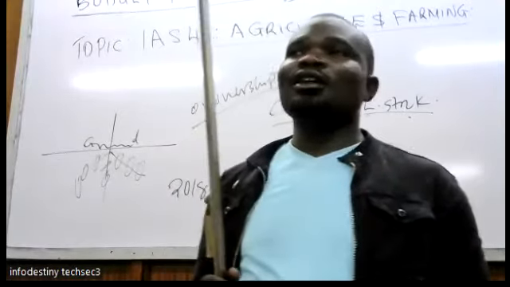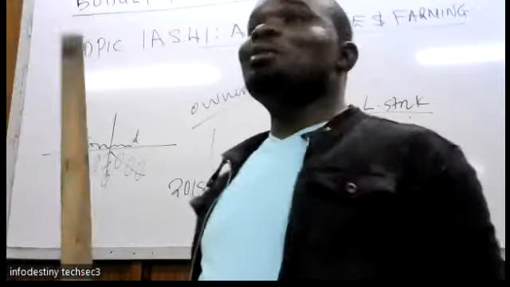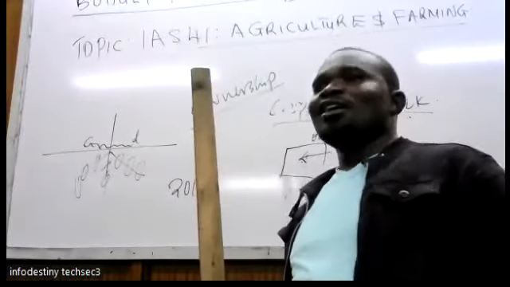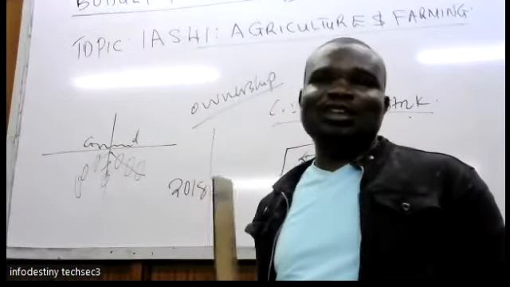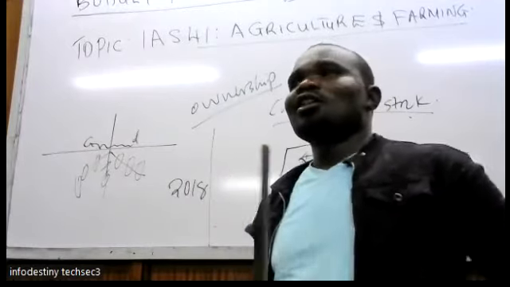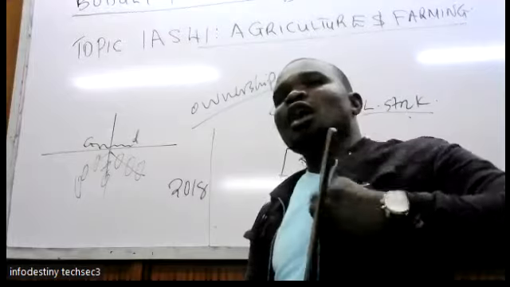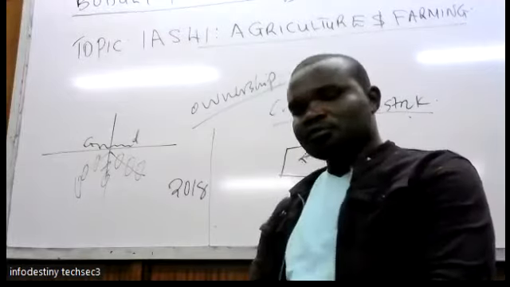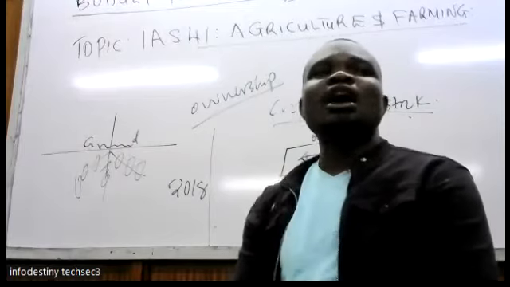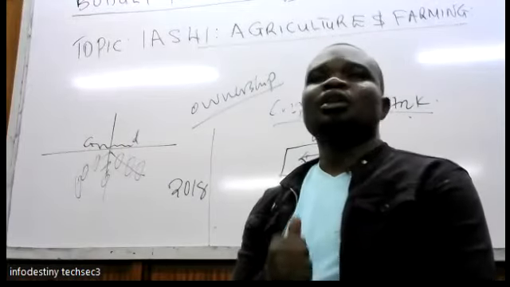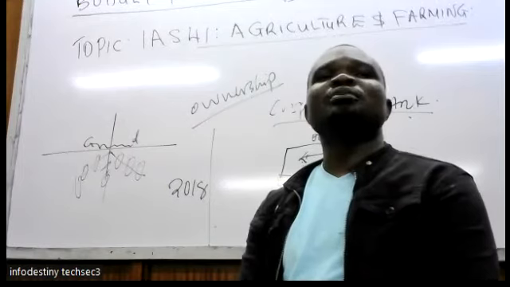Groundnuts have survived so many attacks from the harvesters all the way. So these people have been consuming. Now we will observe and estimate how much they have consumed. Then now we focus on the accounting part.